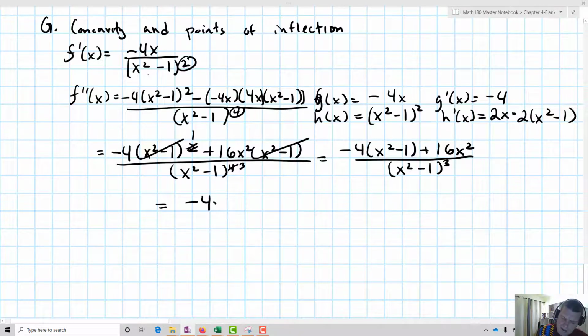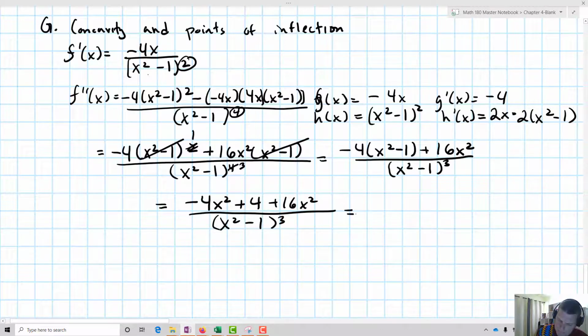So this is now negative 4x squared plus 4 plus 16x squared, all divided by x squared minus 1, cubed. That ends up being 12x squared plus 4 divided by x squared minus 1, cubed. And that's our second derivative.